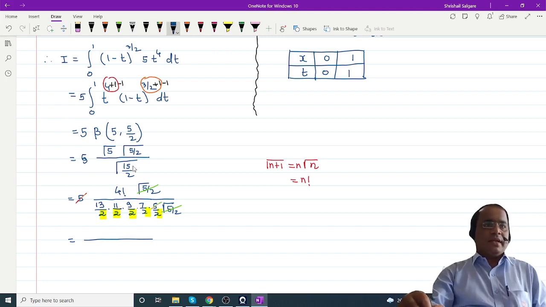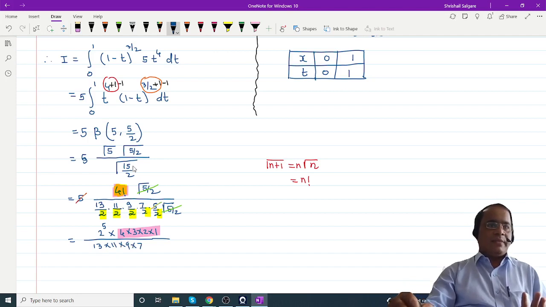It comes as 2 raised to 5 multiplied by 4 factorial, which is nothing but 4 into 3 into 2 into 1. So I am writing this as 4 factorial by the definition. And for the denominator, 13 into 11 into 9 into 7. I think that much is remaining, right? Okay, that much is remaining.